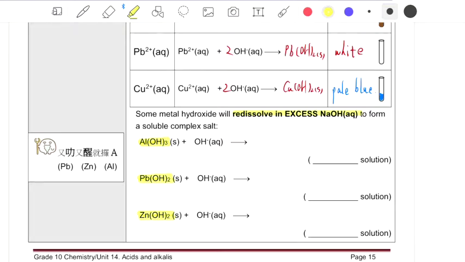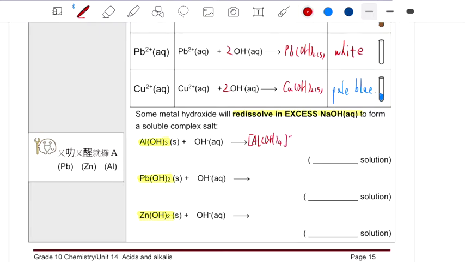Aluminium hydroxide precipitate further reacts with a hydroxide ion in the solution and forms a complex ion with the formula [Al(OH)4]⁻.